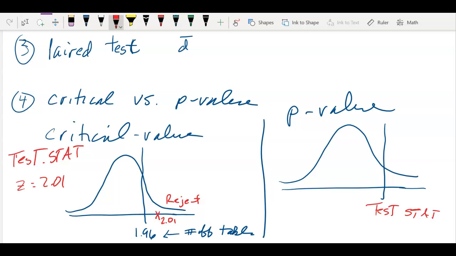The test statistic is that value you found. It's a z-value or t-value. This upcoming week, you're going to get into chi-square values and f-values. That's your test statistic. So when you're doing a p-value approach, it's your test statistic that goes here. It's your z or your t or your f or your chi-square, whatever you calculated in part 2. The p-value itself is an area.